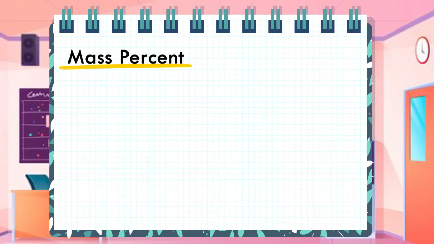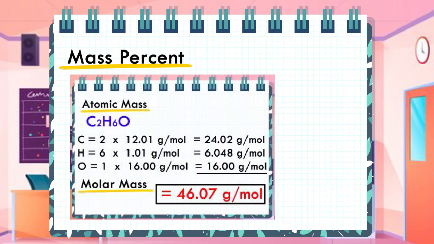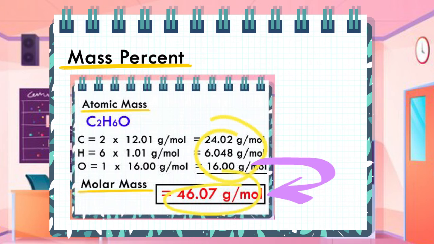Now that we have obtained the molar mass, we can now compute for the mass percent. Mass percent, sometimes called as weight percent, the formula that we're going to use is the atomic mass of the element divided by the molar mass of the compound times 100% to verify the mass percent. Here's the equation.